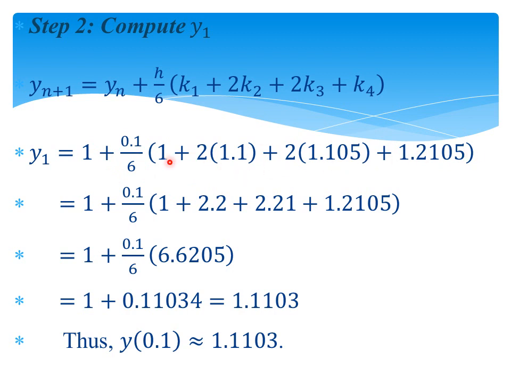You write 1 the same, plus 2 multiplied by 1.1, which gives 2.2. Now we multiply 2 by 1.105, and we get 2.21. Plus sign and the same value given. Then we add all values and get 6.6205.